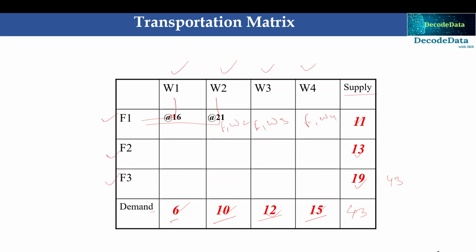And of course, this cost is basically the per unit cost: to transfer 1 unit from factory 1 to this warehouse, you have to spend this much money. Clear? For factory 2 and factory 3 also, we have certain costs. And the total is 43.